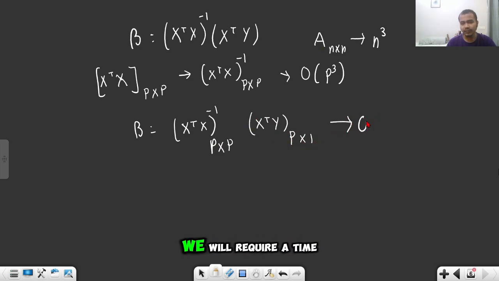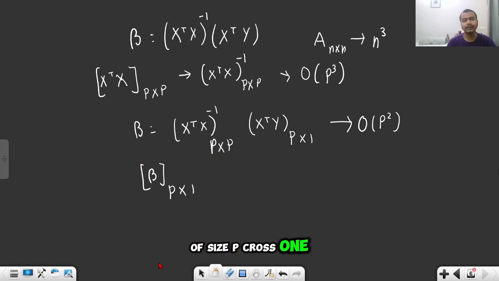For this we will require a time complexity of p into p into 1, so we can say p square. And the final order of beta is p into 1. Beta will be a matrix of size p cross 1.